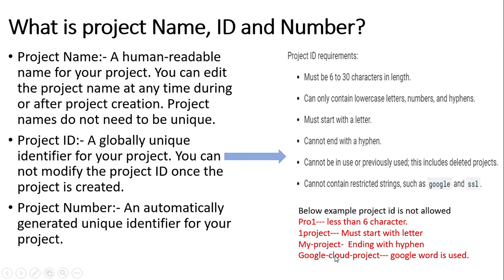Then google-cloud-project: we have used Google in our project ID, and using Google as a string is not allowed. So these are the restrictions and rules we need to follow while creating our project ID.